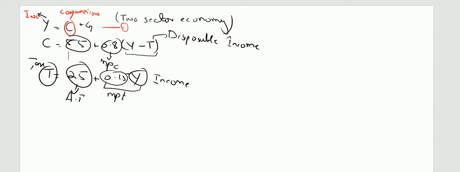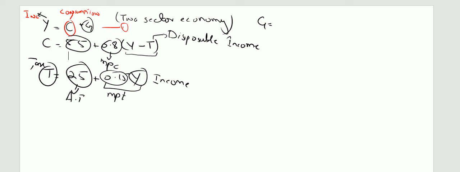We have to obtain the taxation value and the consumption value, and then by clubbing them up we have to obtain y. One more thing I forgot to mention: here G is fixed, exogenous, which is not dependent on income, just fixed from outside of the model.